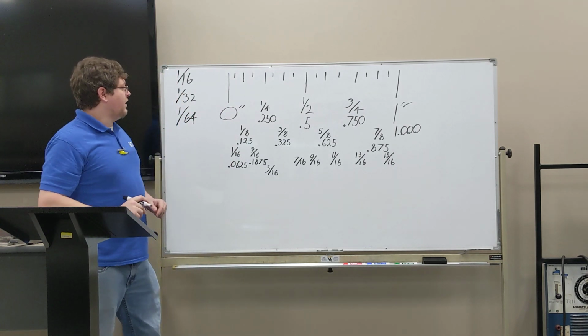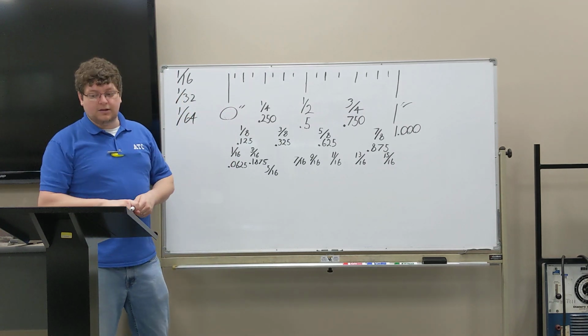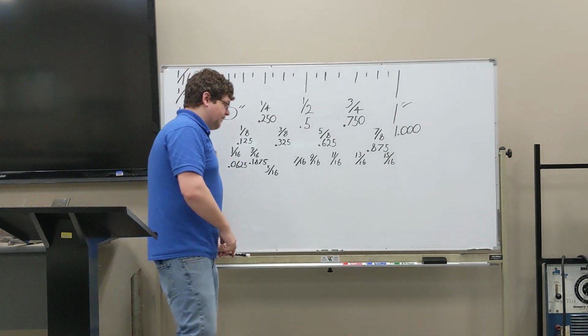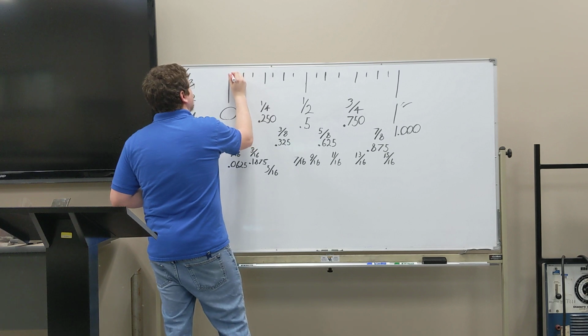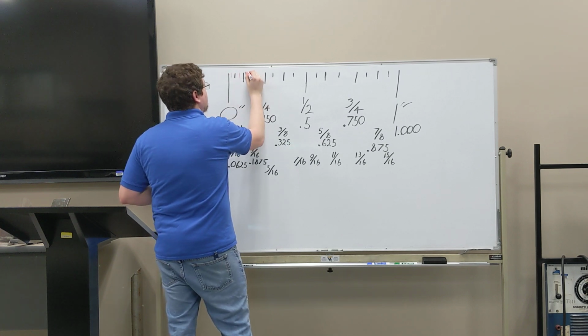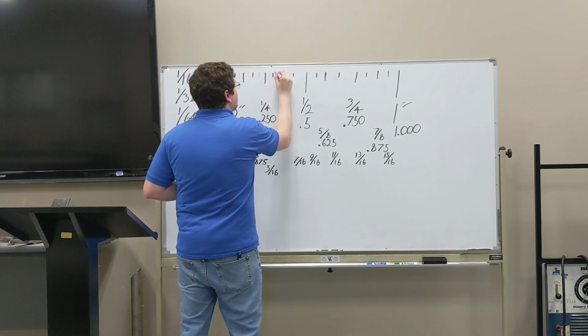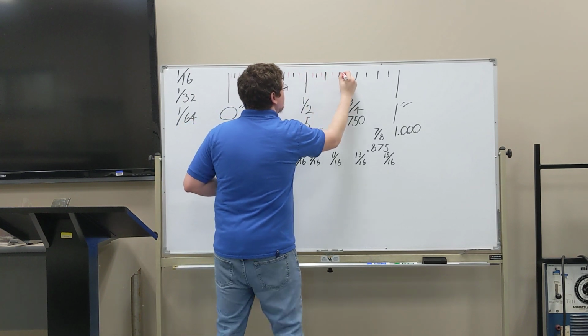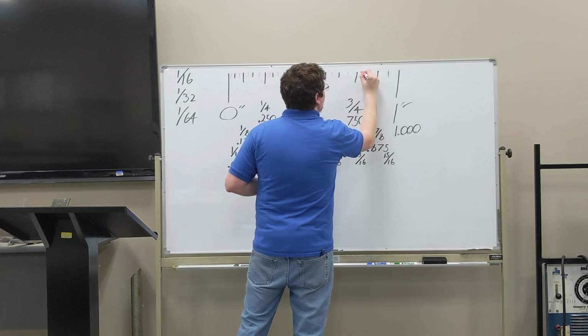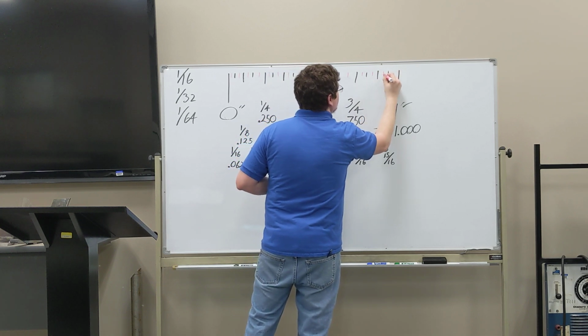If I've got 16ths right here, where would my next lines go? My next lines go in between each one of these. These are my 32nd marks.